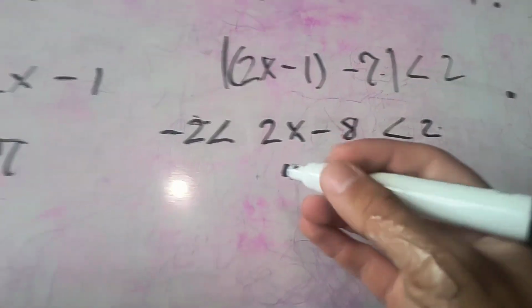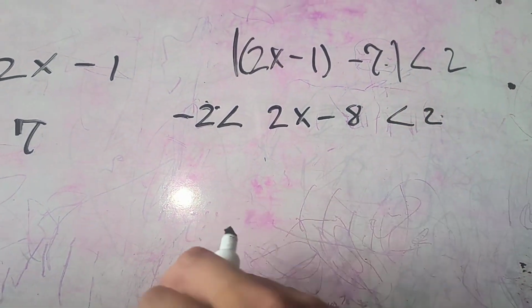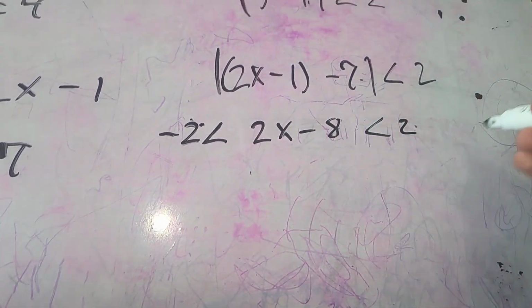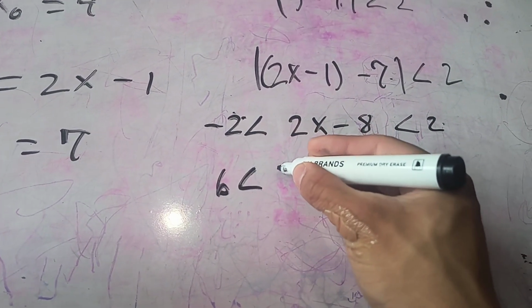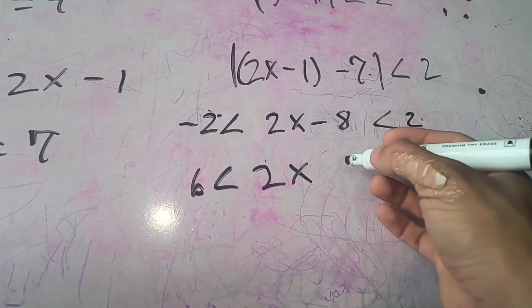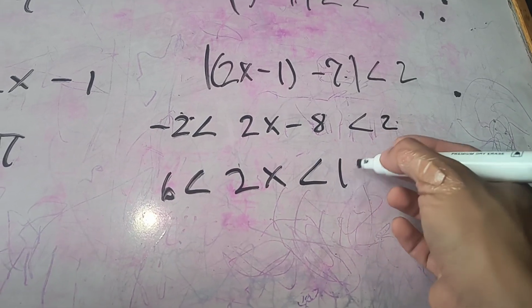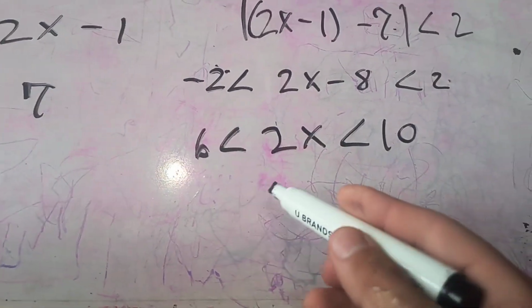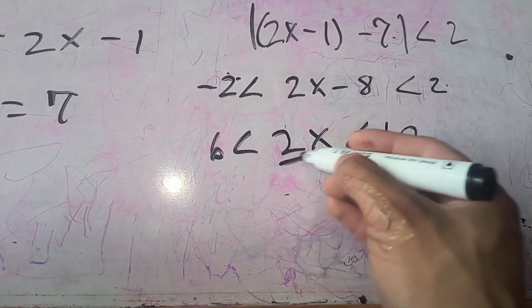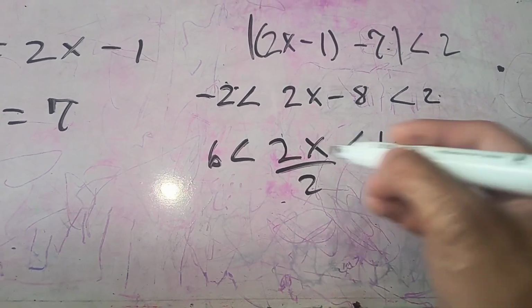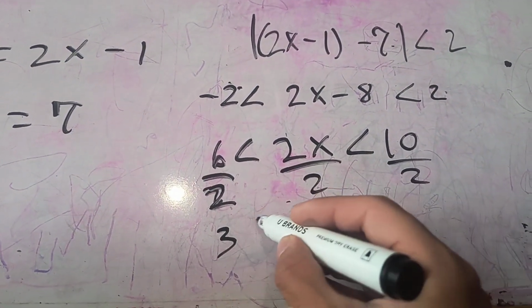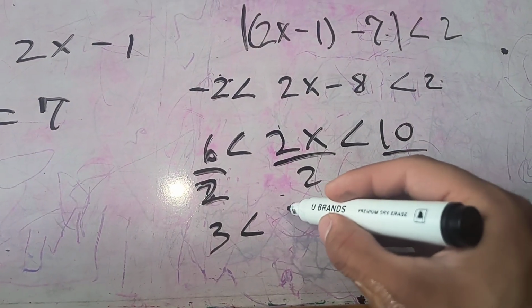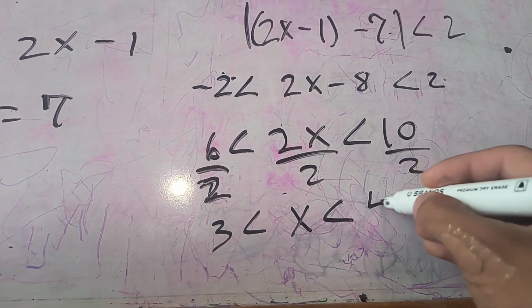What we can do is add 8 to all sides of the inequality, and what we get here is 6 less than 2x less than 10, and then we divide every side by 2, and we get 3 less than x less than 5.